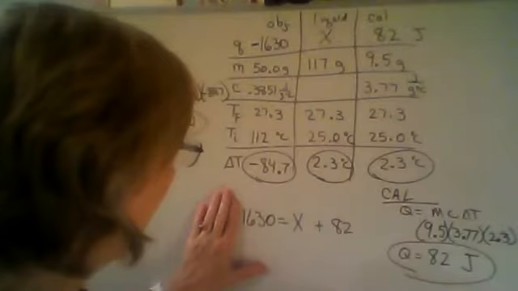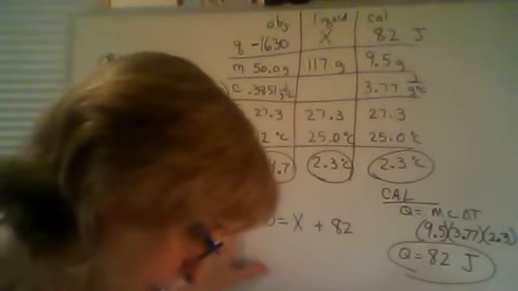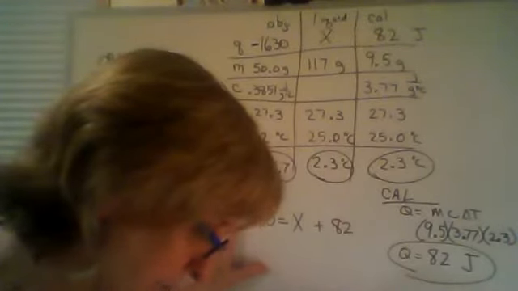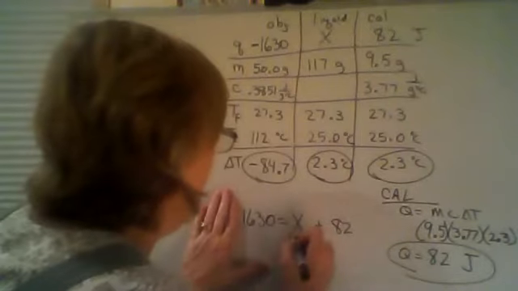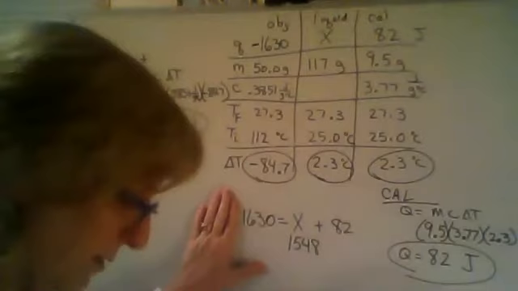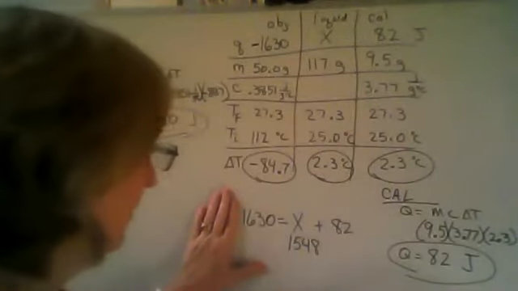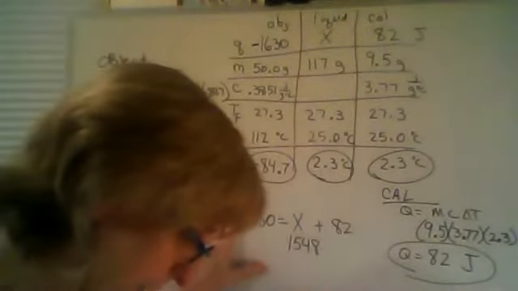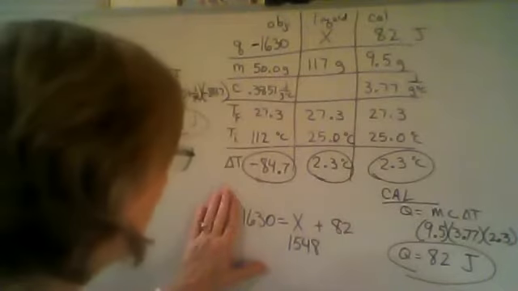So 1630 minus 82 equals 1548. Okay, 1548. Let's check it. Plus 82 equals 1630.